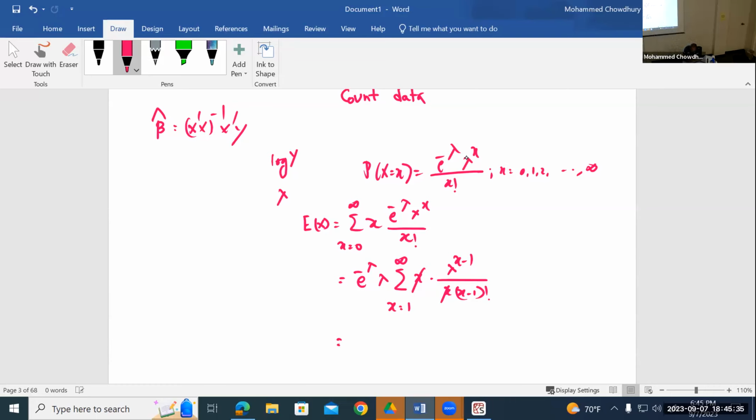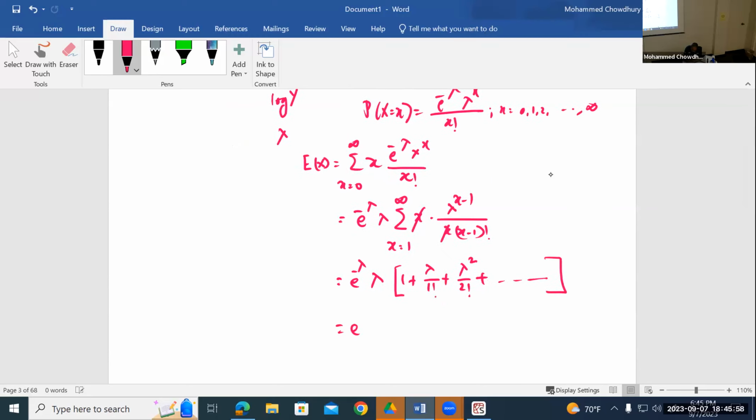Okay, so in this case, e to the power minus lambda, and then if you plug in the value x equal to 1, then you will get 1. And then if you put x equal to 2, lambda over factorial 1, x equal to 3, lambda squared over factorial 2, like this. This is nothing but the exponential series, right? e to the power minus lambda, times e to the power lambda, and this is the lambda.